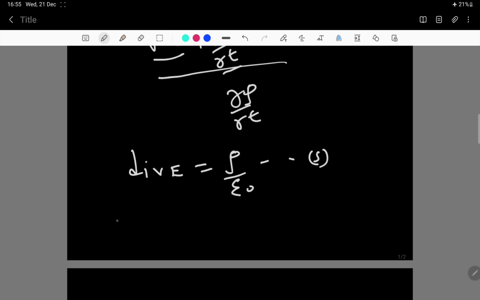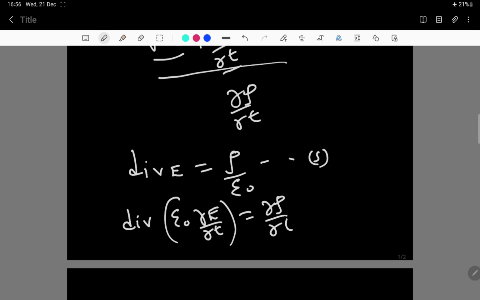So we have divergence of epsilon naught, we have multiplied both sides by epsilon naught, partial E partial t equals partial rho partial t.